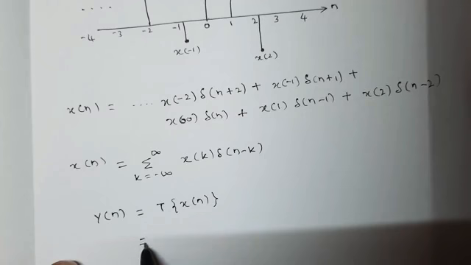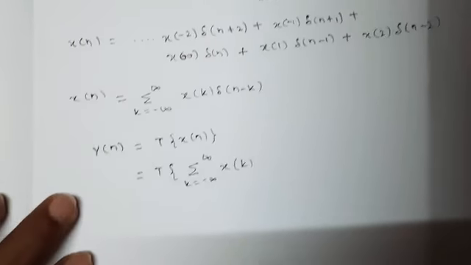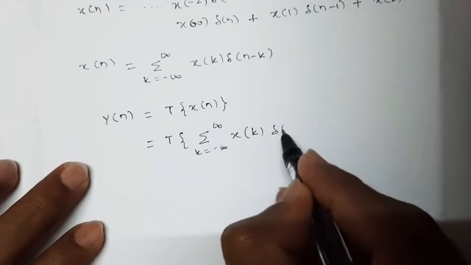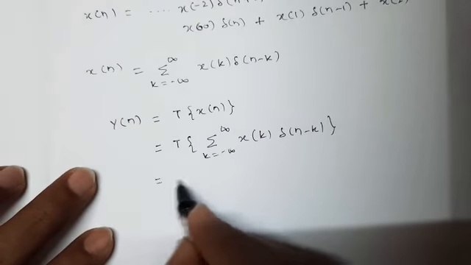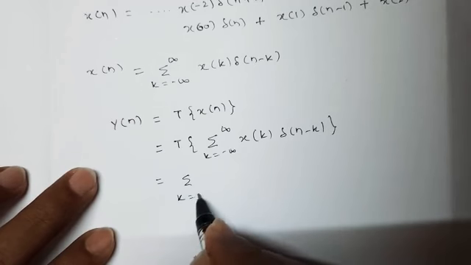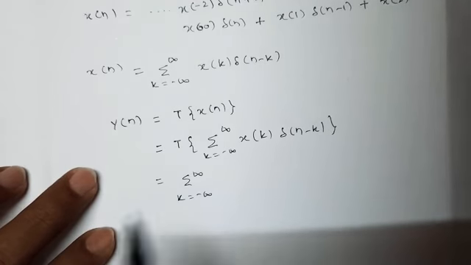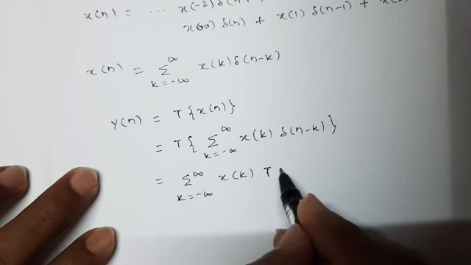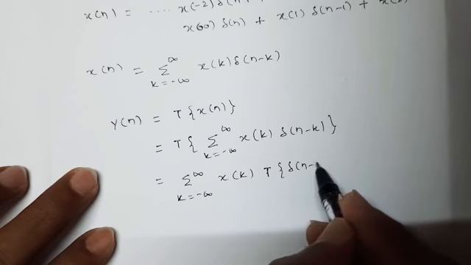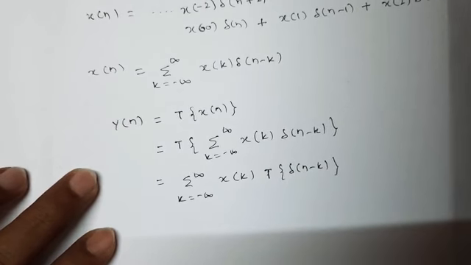Now substitute x of n as T of summation k equal to minus infinity to plus infinity x of k del of n minus k, which can also be written as summation k equal to minus infinity to plus infinity x of k operation on del of n minus k.